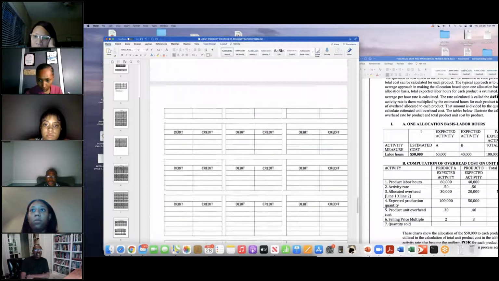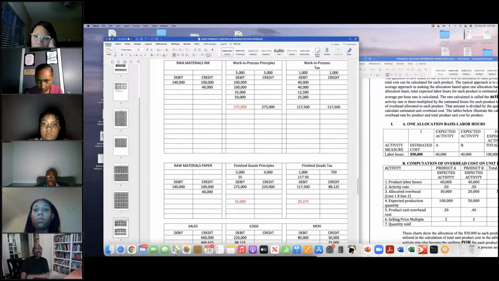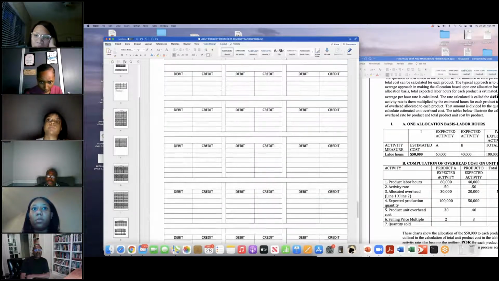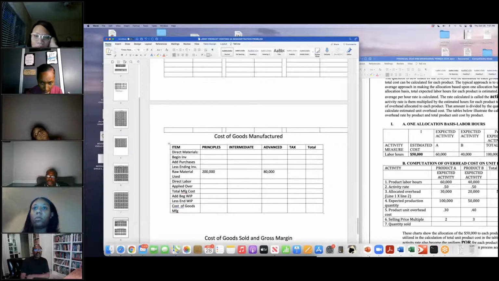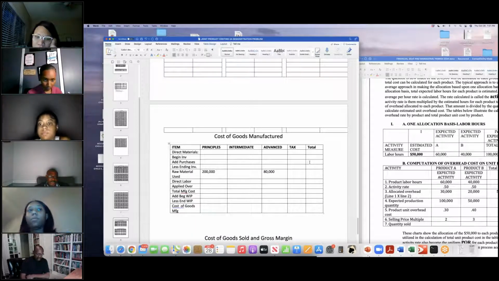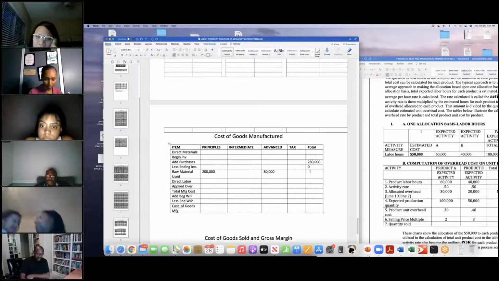Now we had originally purchased how much? It was 280, correct? 140, 140. So the purchases were 280. We didn't have any inventory left, so we get the 280 here.